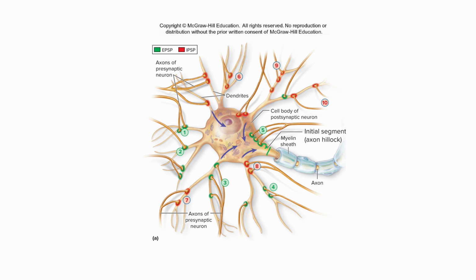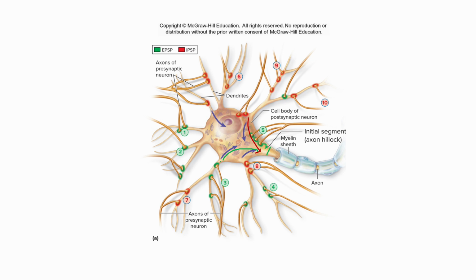Now, the other thing is, let's say we get an IPSP and an EPSP that arrive at the axon hillock at the same time. If that happens, oftentimes we will get cancellation of those signals.